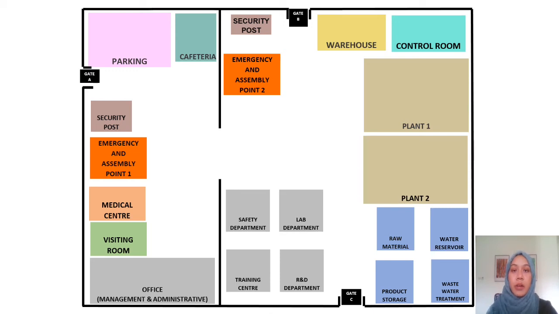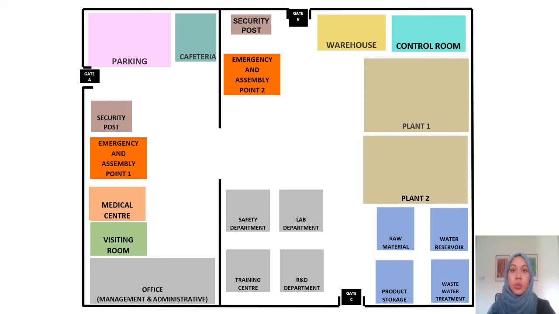At the production area, there is a safety department which provides crucial training to employees on OSHA standards. That's why we built a training center located near the safety department to ease the process of training for the workers. And there is a lab department or laboratory to design, build and test technological devices. Not only that, the lab department is also to test the quality of our product, which is benzene.